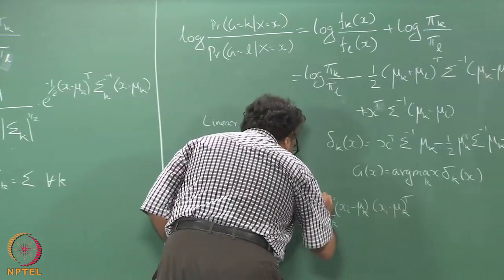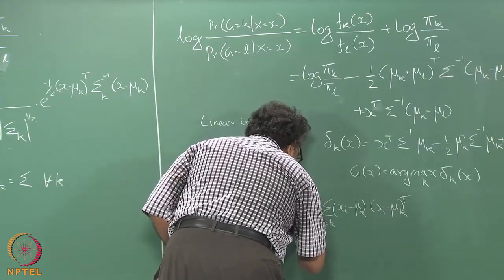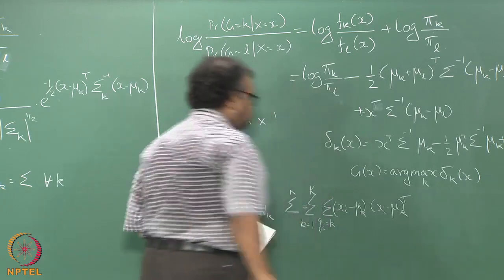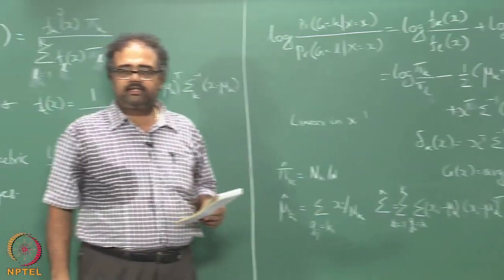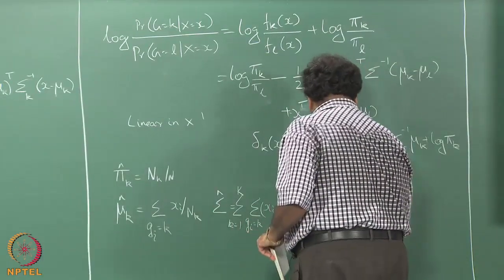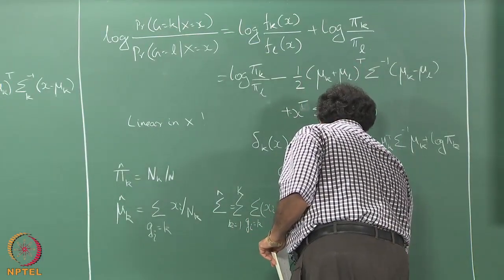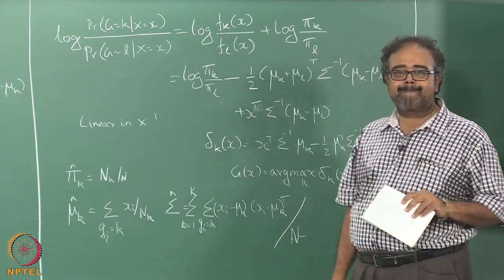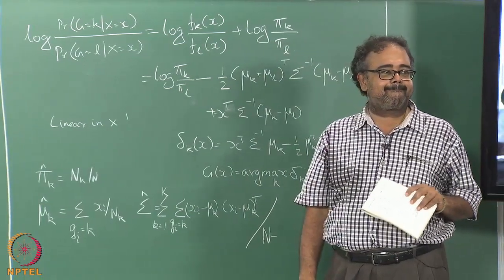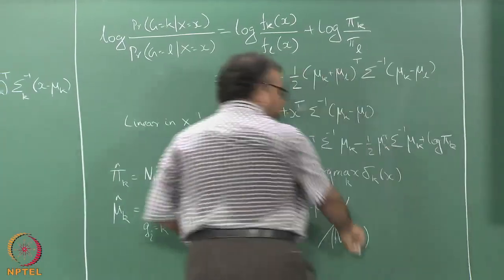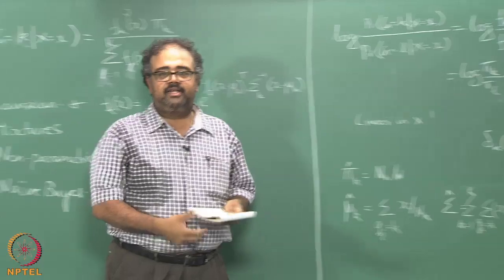Then I will do this over all classes, and then I will divide by n minus K, where K is the capital K, the number of classes.